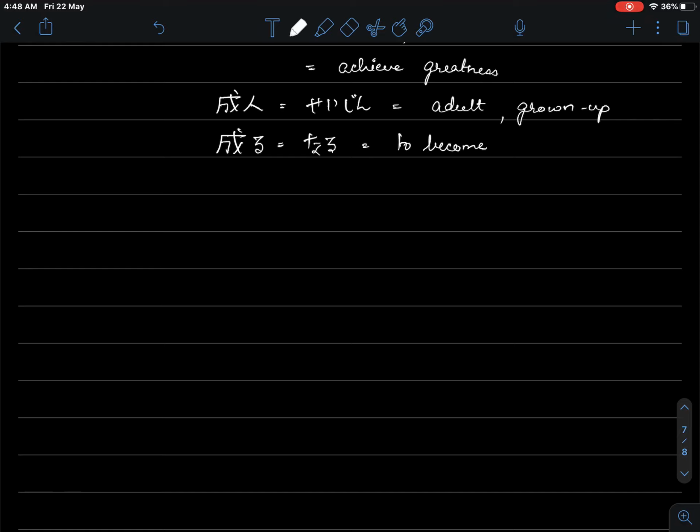And nasu, which means to form, to make, or to accomplish. Again, this is intransitive. This is transitive.